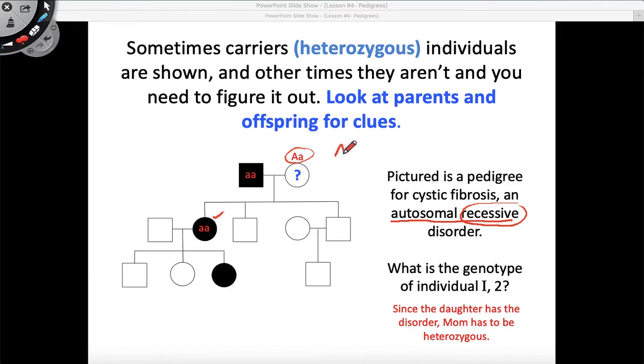If mom had been big A, there's no way they could have had a daughter that was homozygous recessive, right? And the same thing here, right? This little girl would be little a. Since it's an autosomal recessive disorder, most likely this man right here is also a carrier.